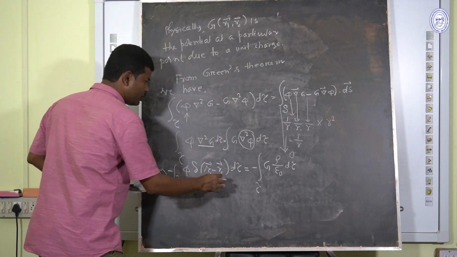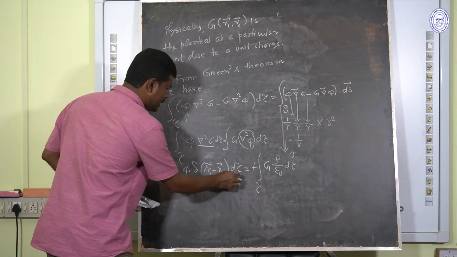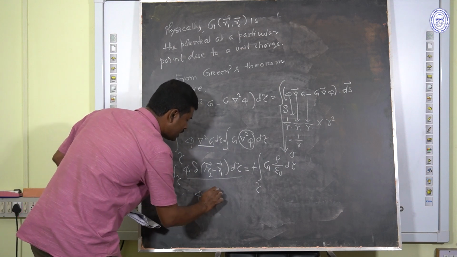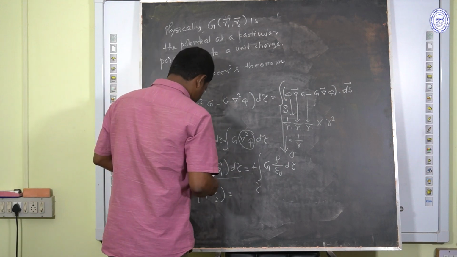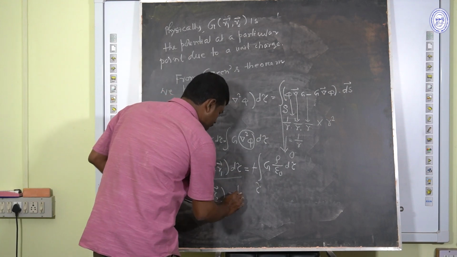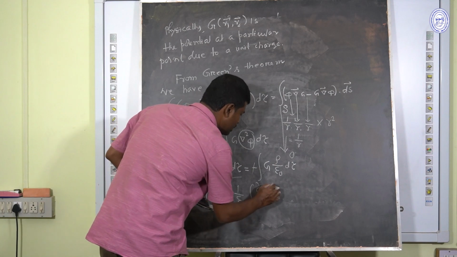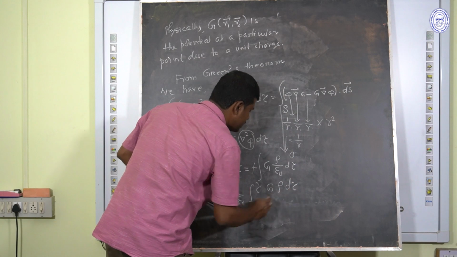So minus will be cancelled from both sides, and using the definition of the Dirac delta function, this side gives phi of r2. This is equal to 1 by epsilon 0 integration over volume tau G rho d tau.